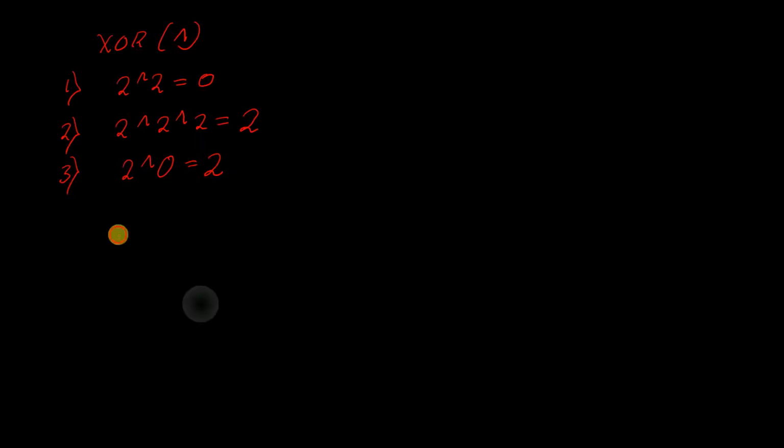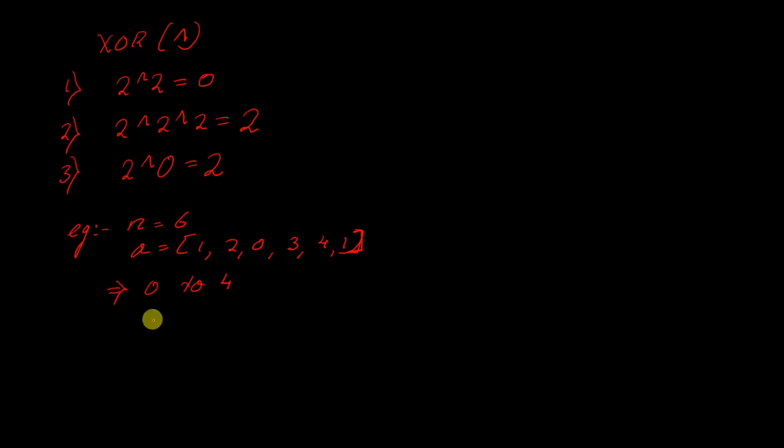So let's see the example. If n is equal to 6 and we have an array 1, 2, 0, 3, 4, 1. So if we XOR these elements with the range 0 to 4, the answer will look like this.